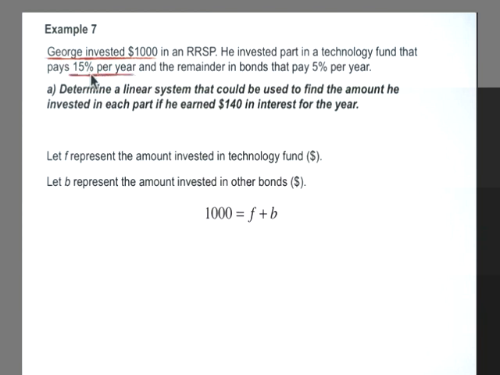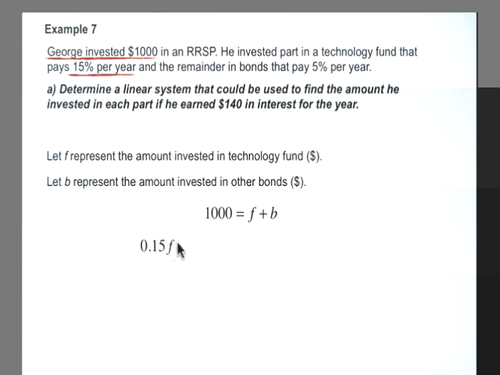He invested part, remember, the amount he invested in the technology fund earned 15%, and the amount that he invested in the bonds paid 5%. So the 15% per year for the technology fund, well, it'd be 0.15 times the amount he invested in the technology fund.